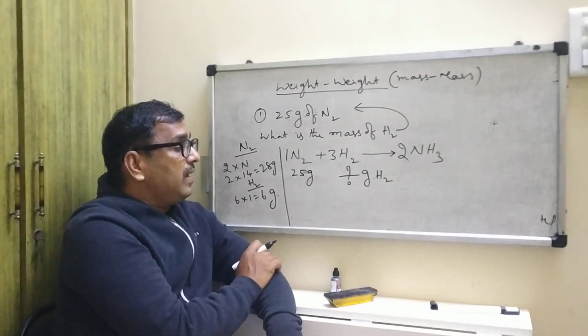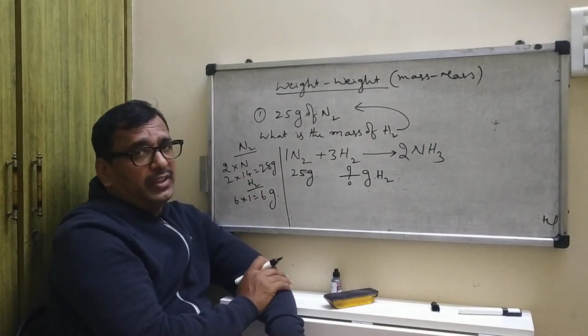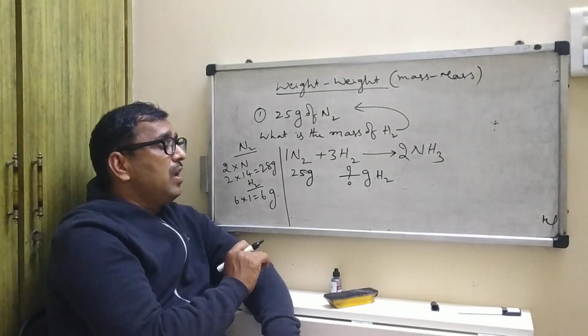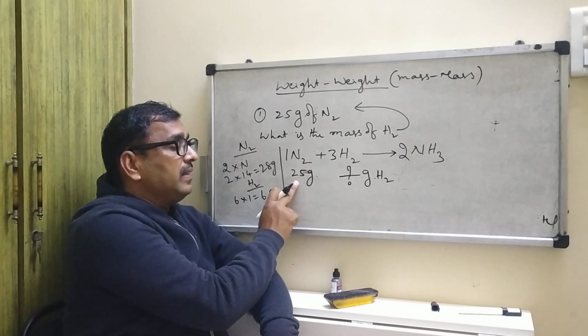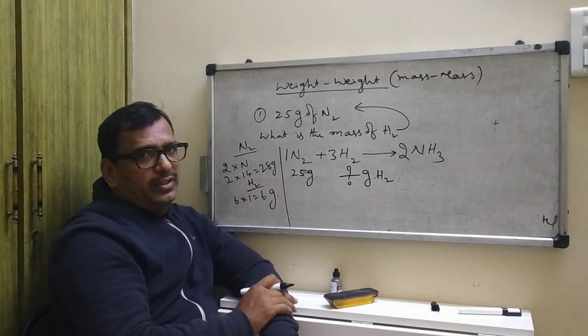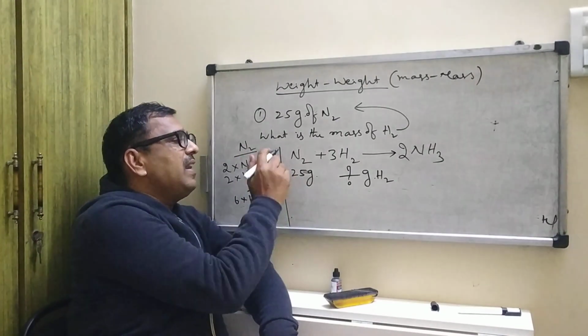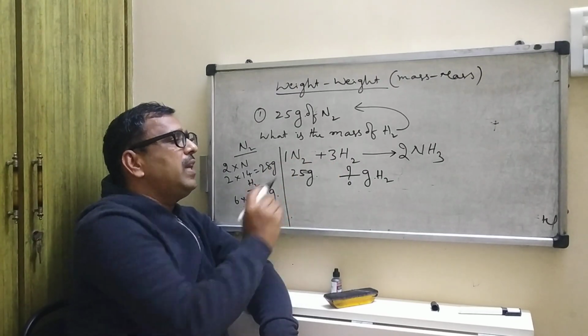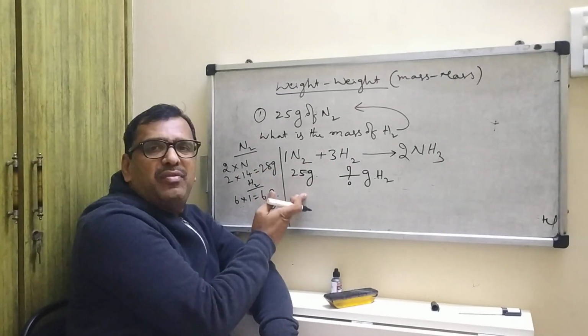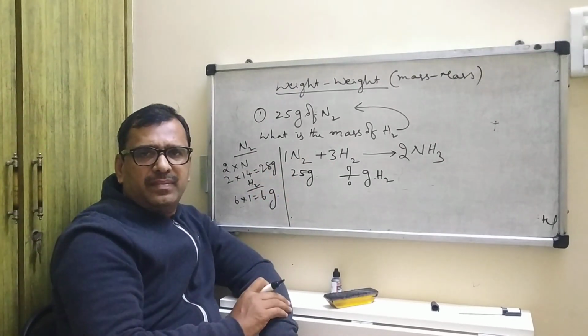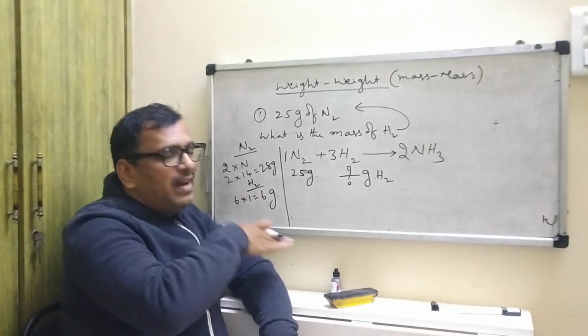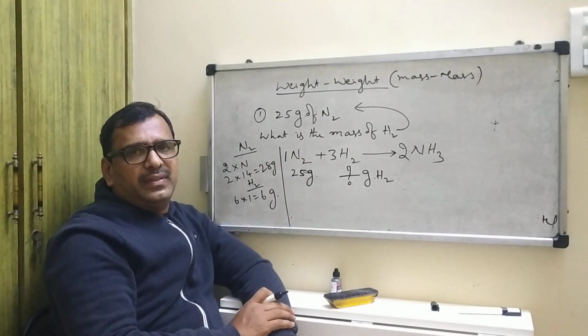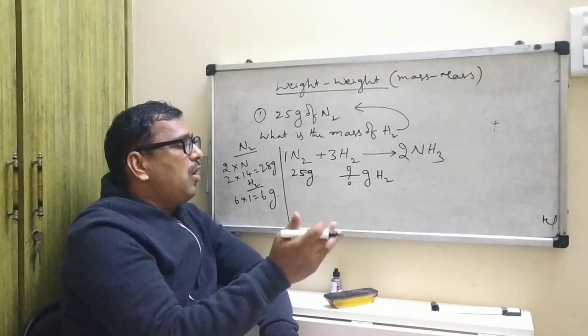So here are 2 methodologies. First, I would like to convert this into moles. By the given information, 1 mole gives 3 moles, but the given information is in grams. So first you convert grams into moles. How?